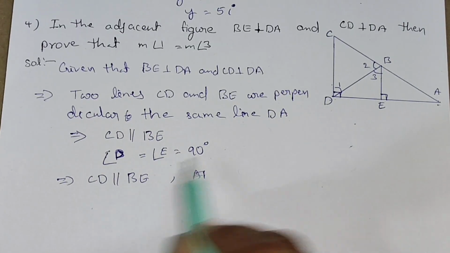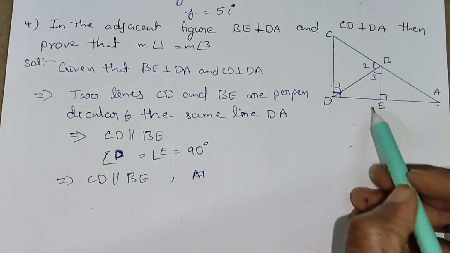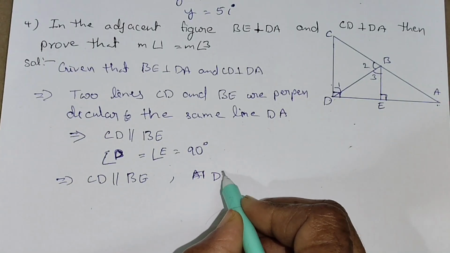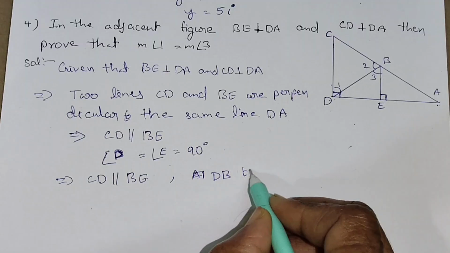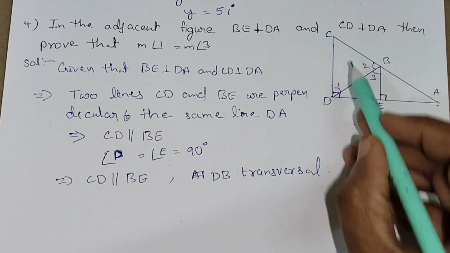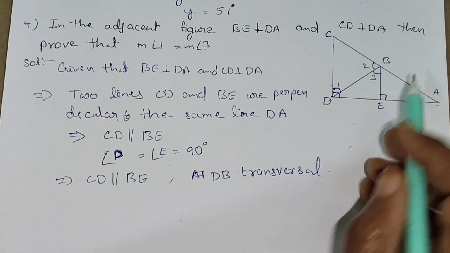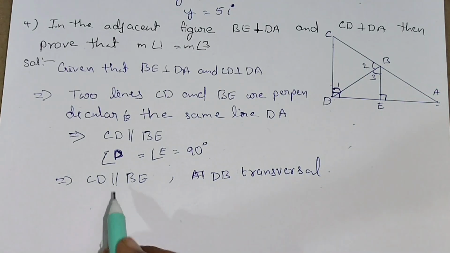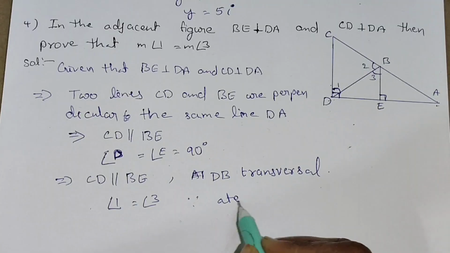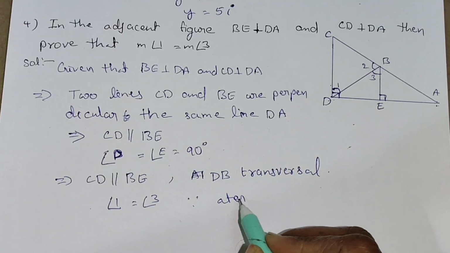Here CD and BE are parallel lines and BD is a transversal. Transversal means angle 1 equal to angle 3, alternate interior angles. Angle 1 equal to angle 3, since alternate interior angles.